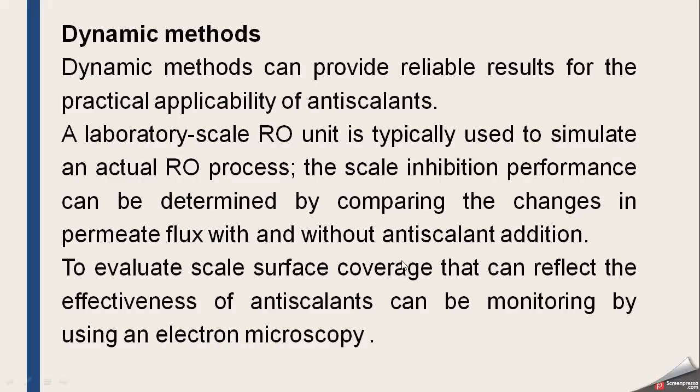The scale inhibition performance can be determined by comparing the changes in permeate flux with and without antiscalant addition. How the addition of antiscalant affects the permeate quality and quantity is determined with or without its addition on this prototype RO system, which is placed in the laboratory.